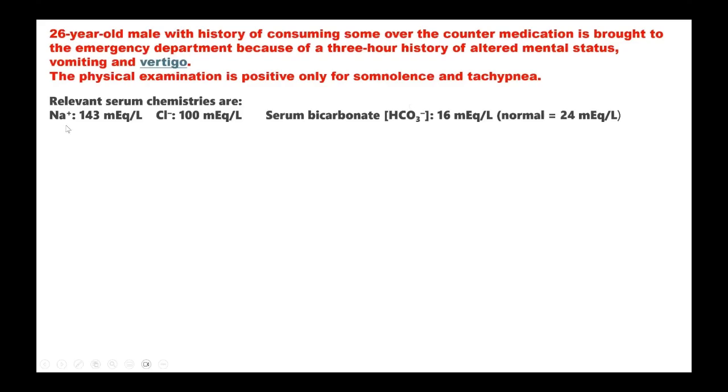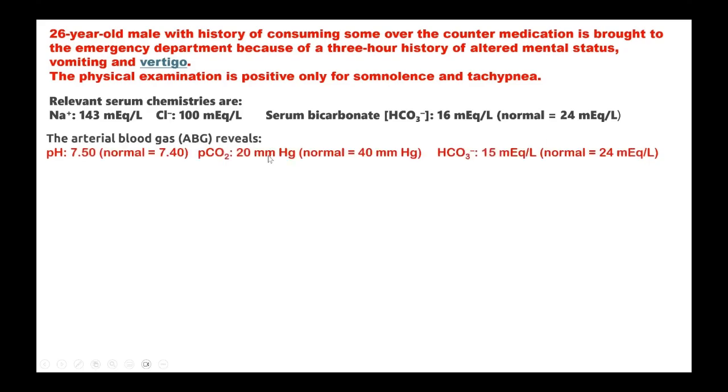Now they have done an electrolyte estimation. Sodium is 143, chloride 100, bicarbonate is 16, and this is the ABG value: pH is 7.5, PCO2 20, bicarbonate 15. What are this patient's acid-base disorders?